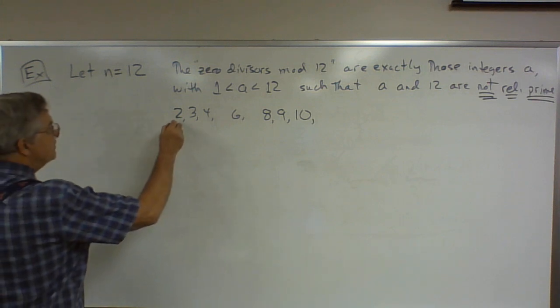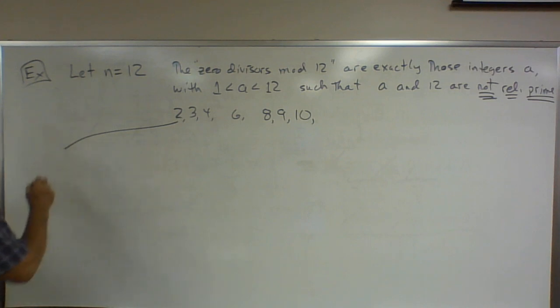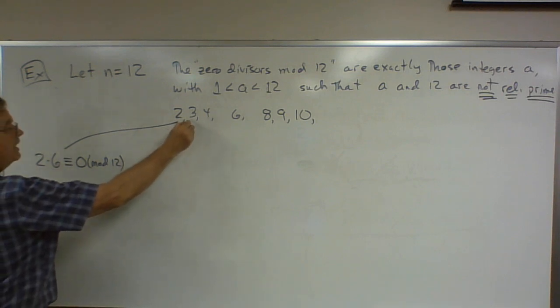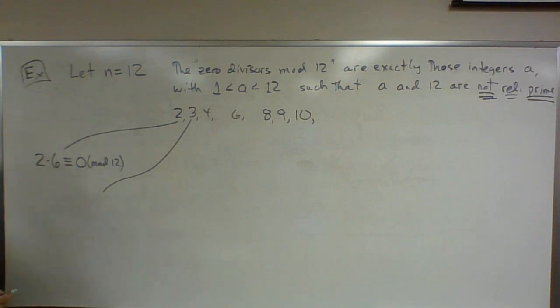Since 2 is a zero divisor mod 12, there has to be something that we can multiply 2 by to get 0 mod 12. And one of those things is 6. 2 times 6 is congruent to 0 mod 12. 3 is a zero divisor mod 12, so there has to be something that we can multiply 3 by to get 0 mod 12.